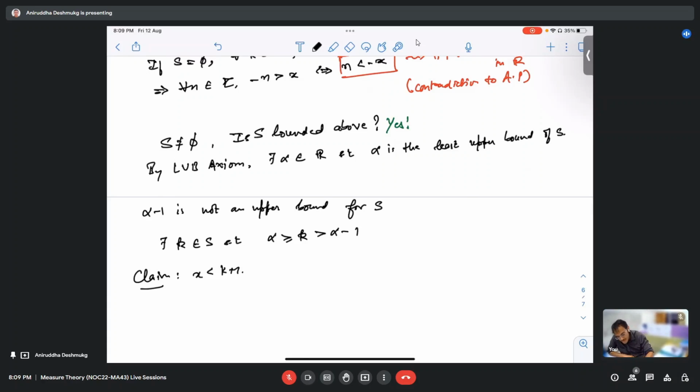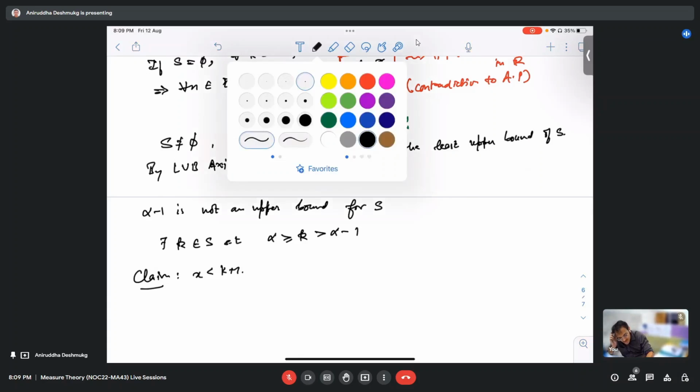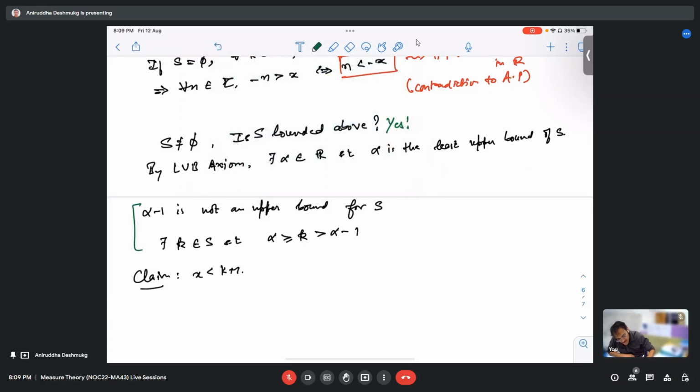So why are these two statements clear? Yes, sir.